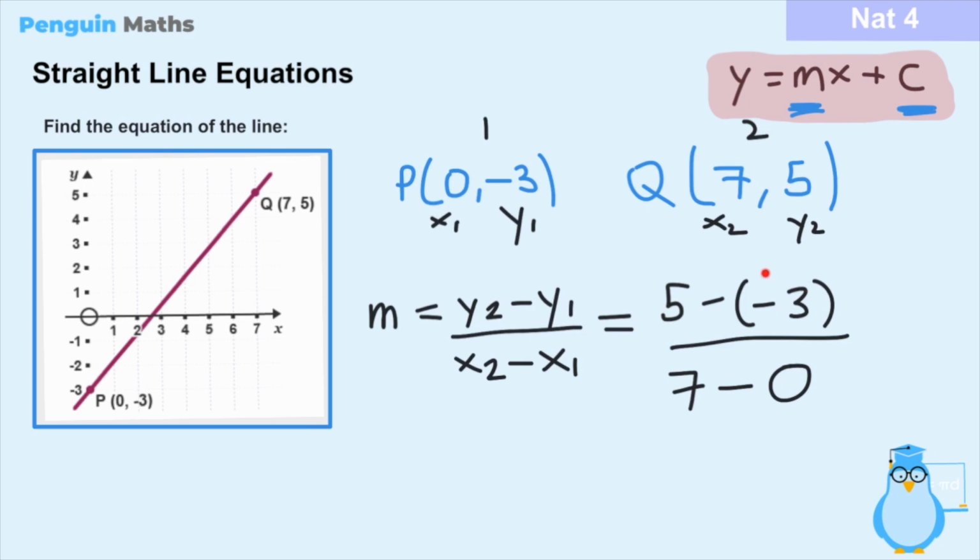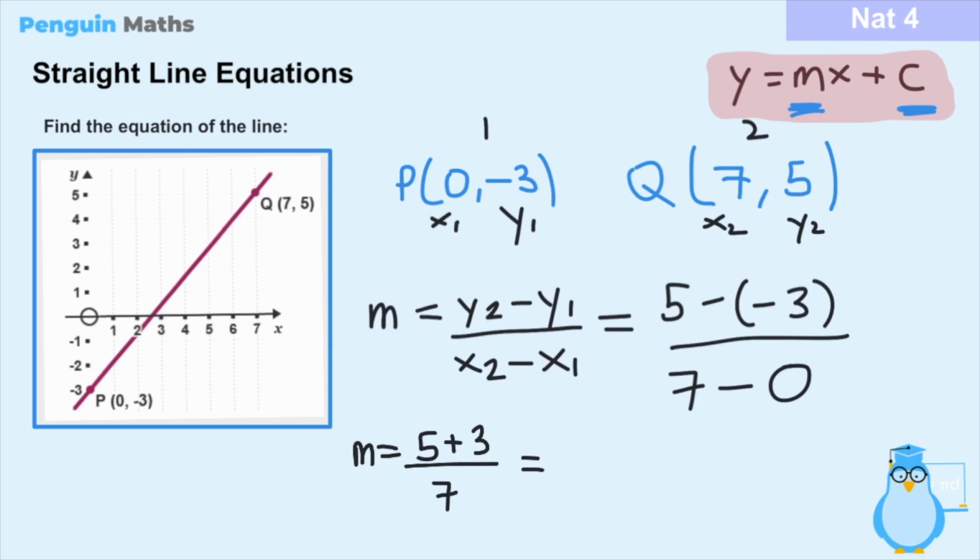So now what we have to do is simplify the top and the bottom. So if we have 5 minus minus 3, we know that if two minus signs come together, they become a positive. So that means we can write m is equal to 5 plus 3, and that's all divided by 7, because 7 minus 0 is still just 7.